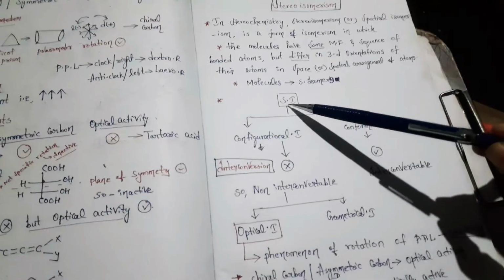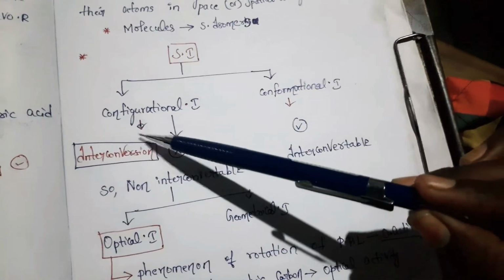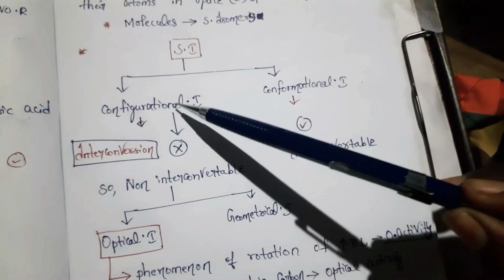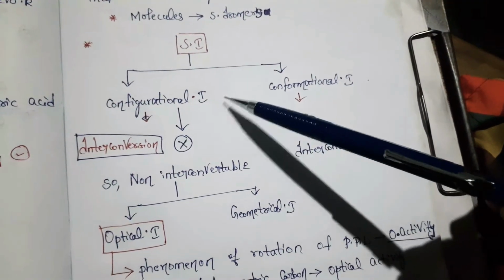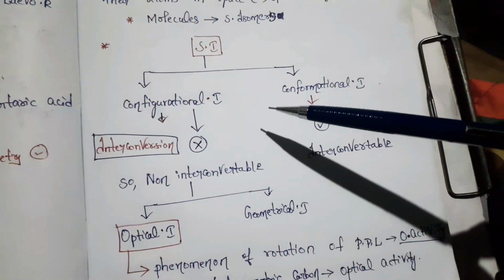Okay, this stereoisomerism is mainly of two types, that is configurational isomerism and conformational isomerism. Configurational isomerism is classified based on whether it is interconvertible or not.